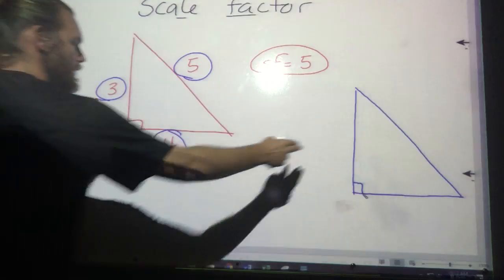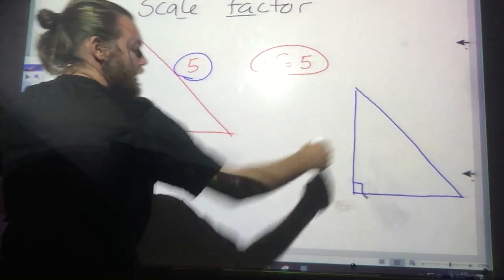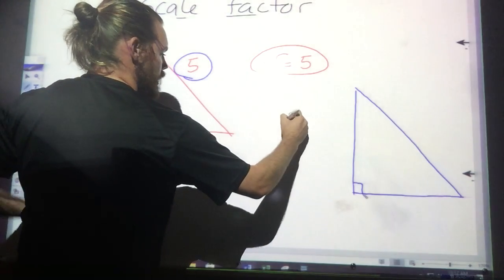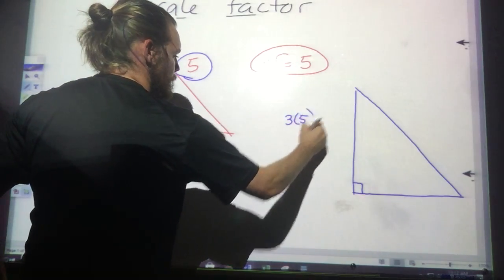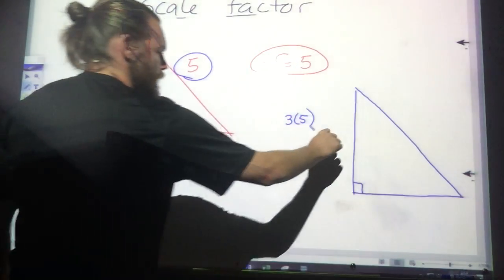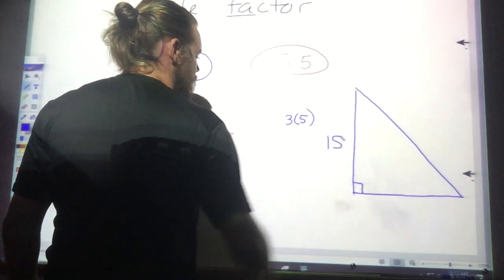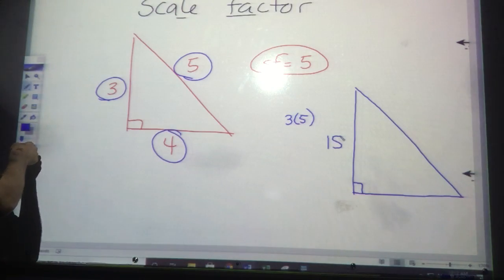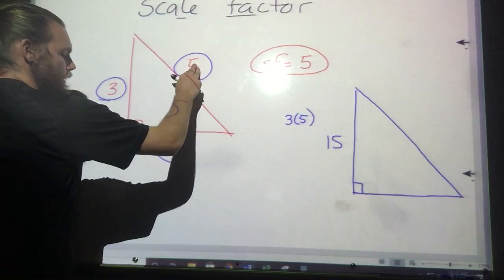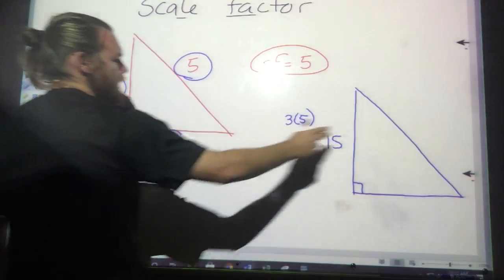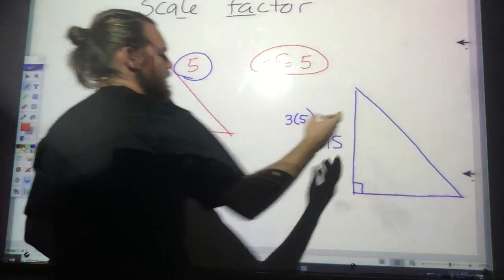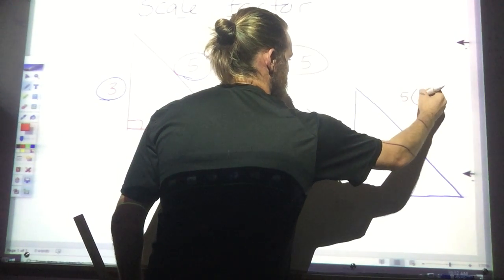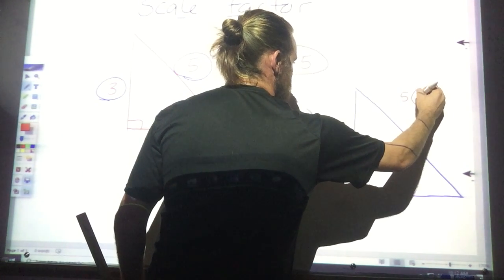Okay, so to get this corresponding side, I'm going to take my measurement here and multiply by the scale factor, which should give you a side length of 15. All right, now I'm going to look at this side. Okay, to get the corresponding side, I'm going to take the original value and multiply by the scale factor.